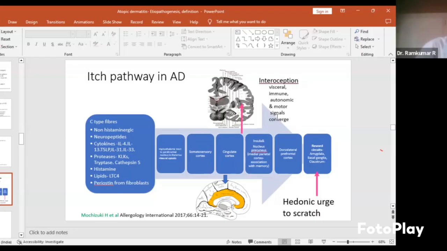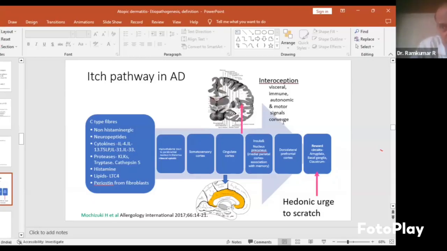So coordination between motor activities, coordination between emotional activities and emotional feelings, coordination between the autonomic immune signals, everything is appreciated in the insula. Insula is the area which is submerged in the lateral sulcus.